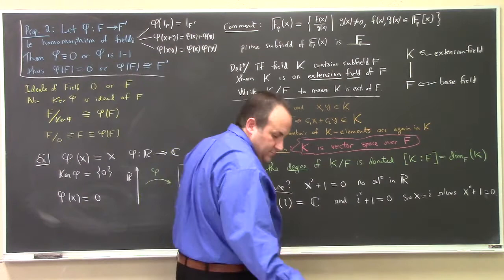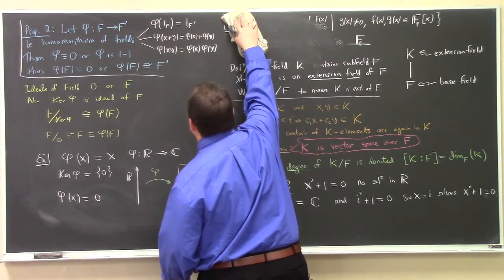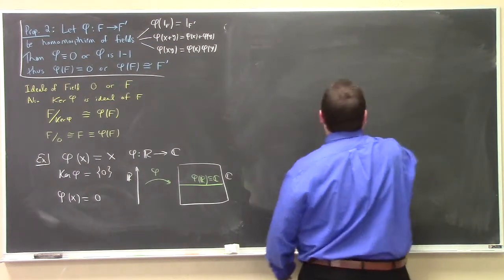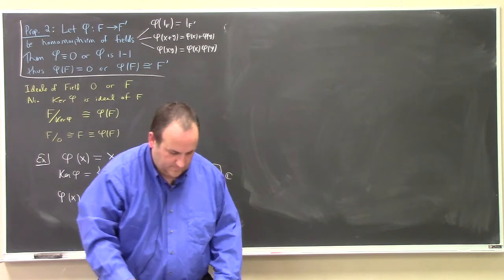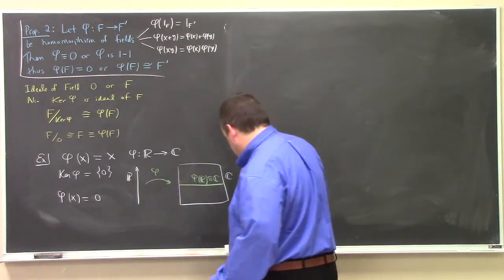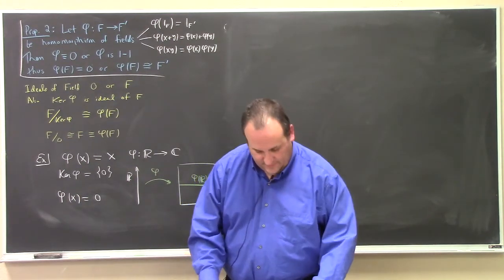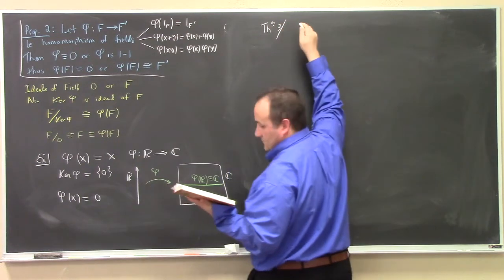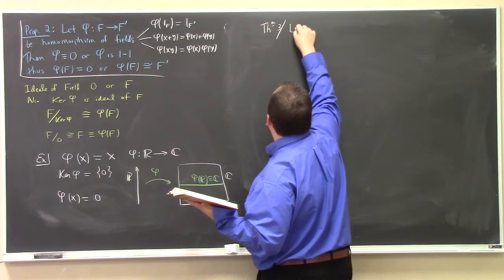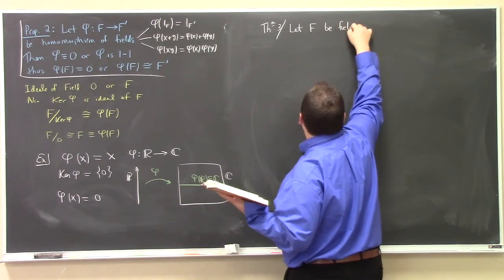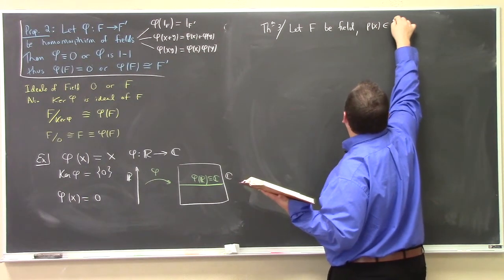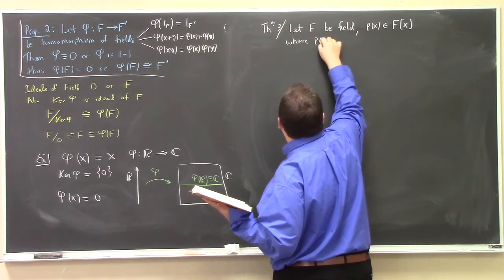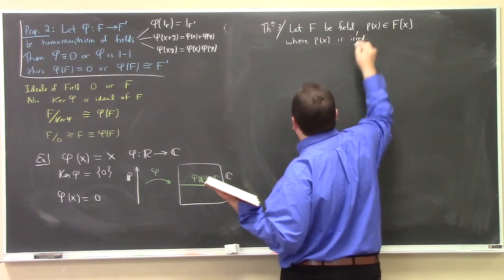Then Theorem 3, one of my favorite theorems. Theorem 3 is: let F be a field, and P of x a polynomial over the field, which is irreducible.